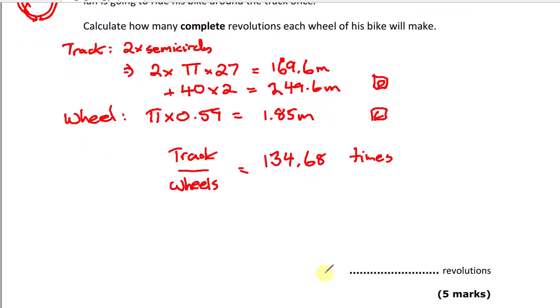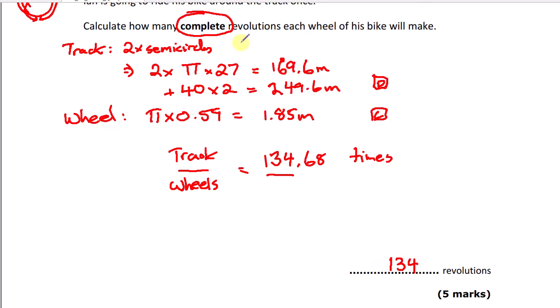And the final answer, notice, complete. If you don't turn this into a complete, just make it the number, it goes around 134 times. This 0.68, although that rounds up to 135, it doesn't make 135 rounds. It is 134.